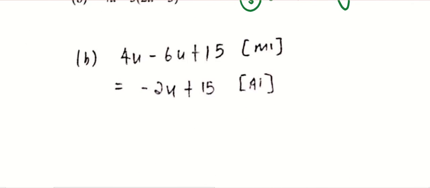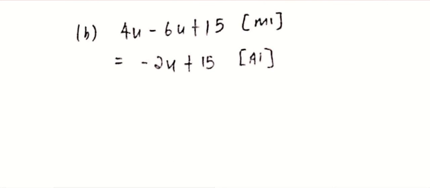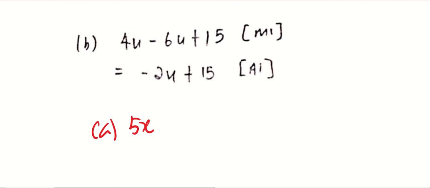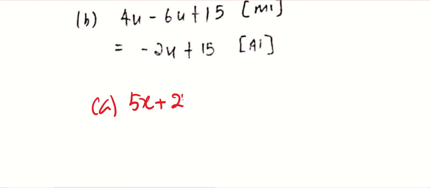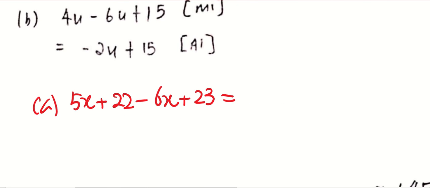Where is the working for a? Since there's no working here, I'm going to write it below. So 5x plus 22 minus 6x, please take note of the sign, plus 23. I think most of you got it over here. So I'm going to group all the x terms together.